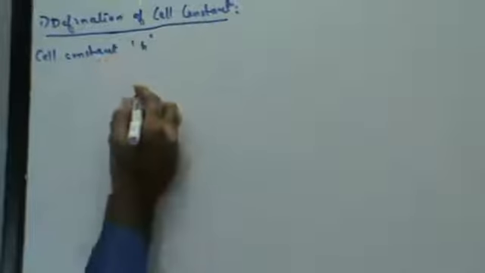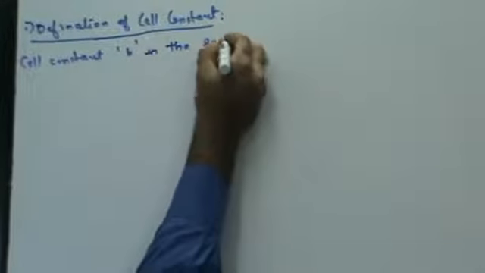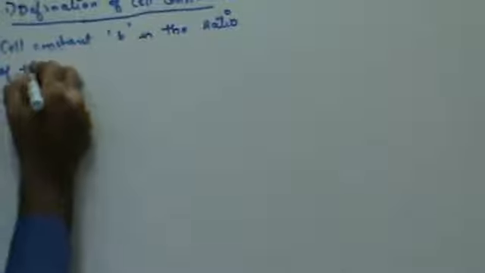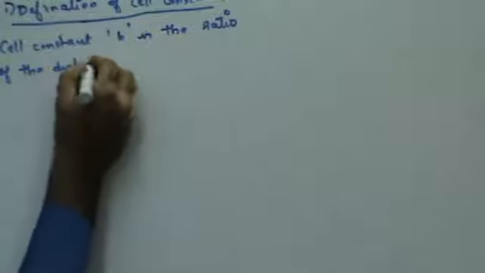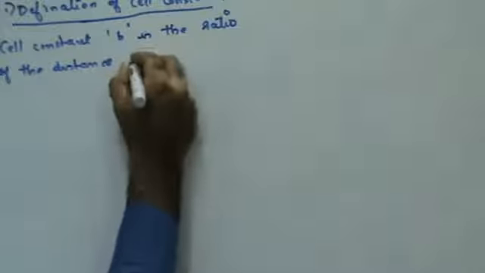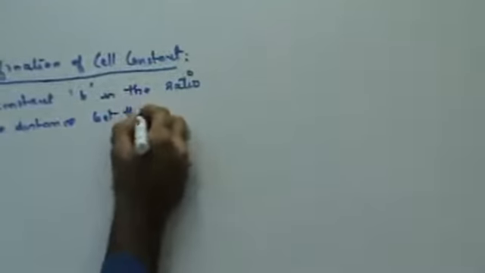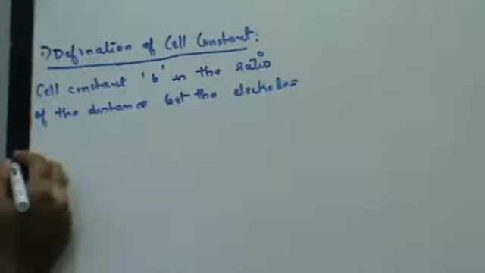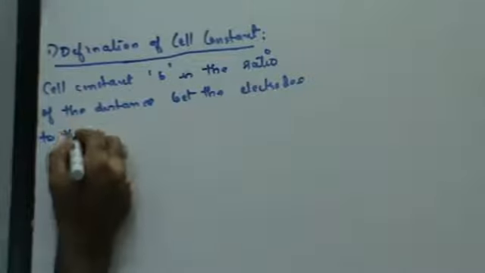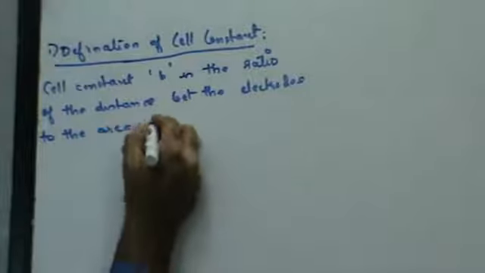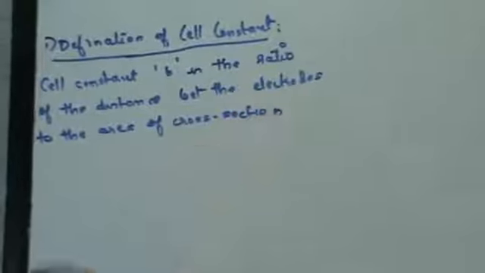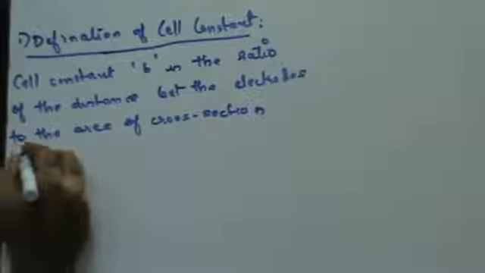Cell constant B is the ratio of the distance between the electrodes to the area of cross section of the electrodes.